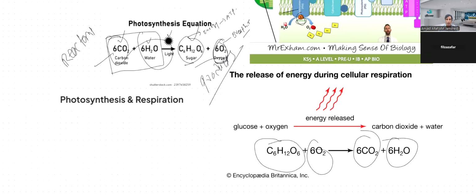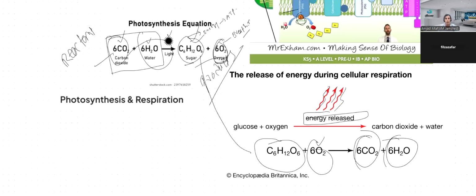Both of these reactions are opposite to each other. This glucose, which is produced here in photosynthesis by plants, is utilized here in the presence of oxygen to produce waste products, carbon dioxide and water, and it releases energy. One difference is the release of energy.